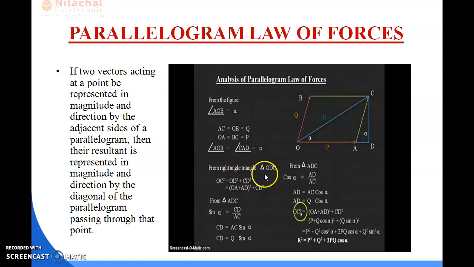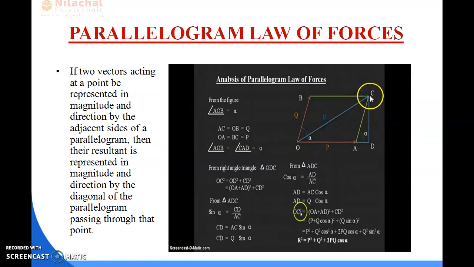Now, from the right angle triangle, which one is the right angle triangle? Here ODC is the right angle triangle. This is the big triangle ODC, and from the small triangle ADC we take two triangles, and then we find the formula of the resultant force.